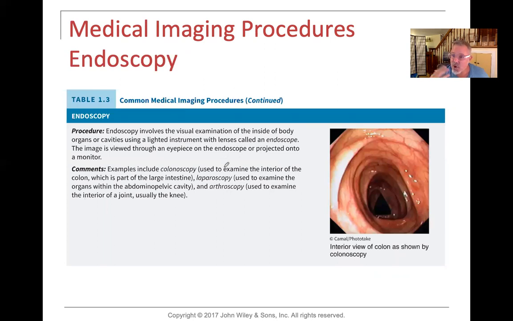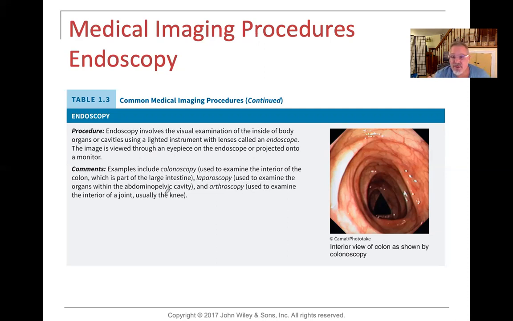Endoscopy, sometimes you've heard of colonoscopy. This is where they put a visual camera, an instrument or a lens, inside the body. They call it an endoscope. They could do a colonoscopy here, as seen in this picture. They could use it as a laparoscopy, which is used to examine organs within the abdominal cavity.